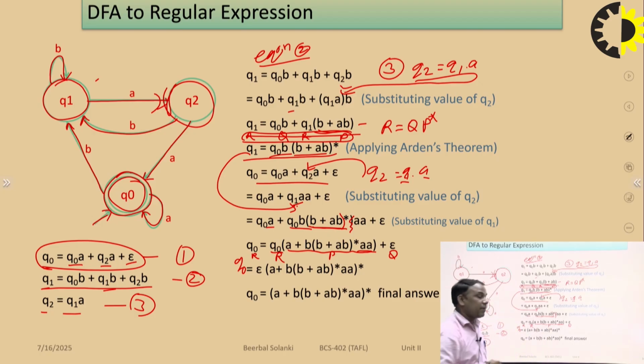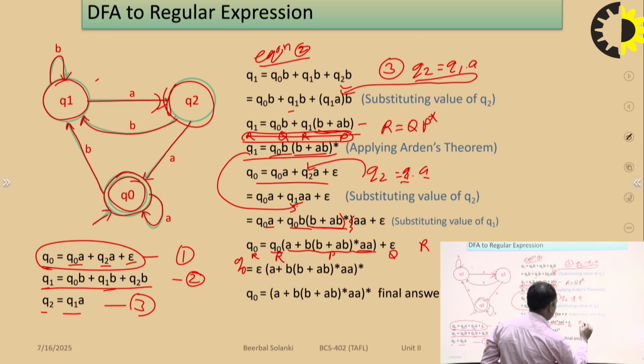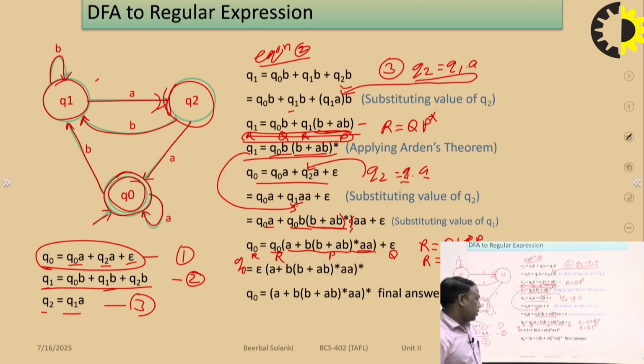Now we can apply Arden's theorem here. R equal to Q plus RP, and the solution of that is R equal to Q P star. Now apply Arden's theorem here.